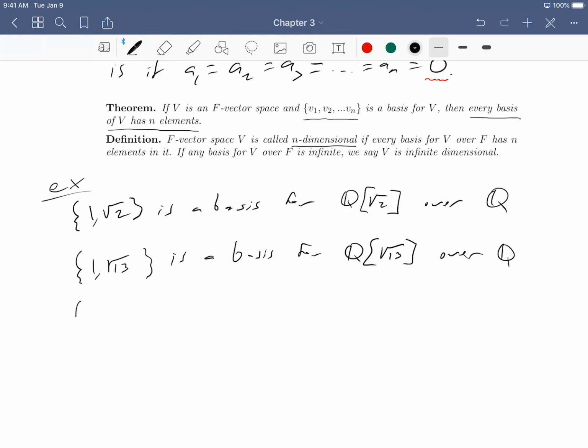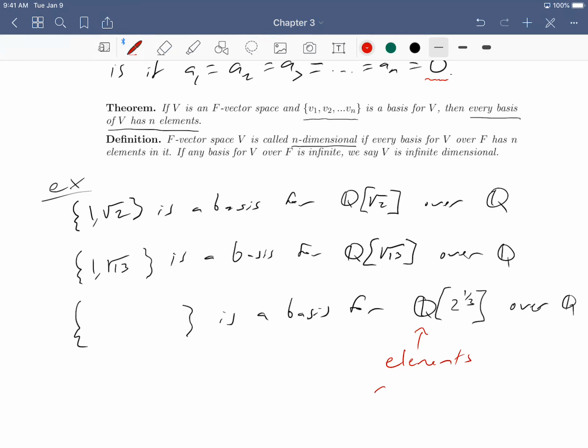All right, let's think about a basis for Q adjoin 2 to the 1/3. So we've dealt with this a couple of times now, and if you remember, the elements here looked like a plus b times 2 to the 1/3 plus c times 2 to the 2/3.